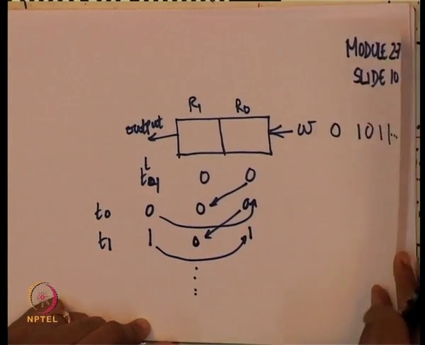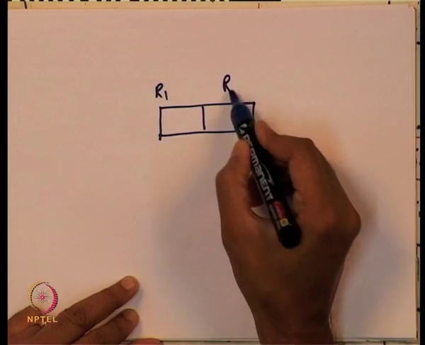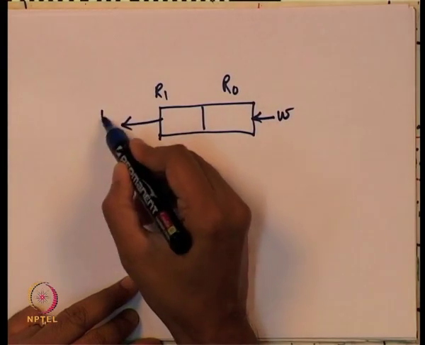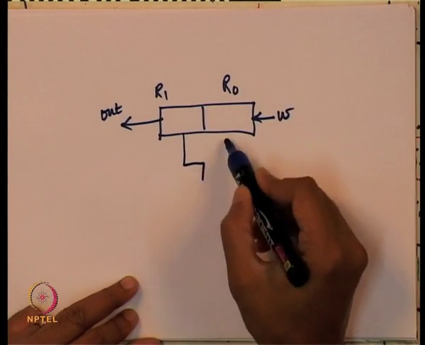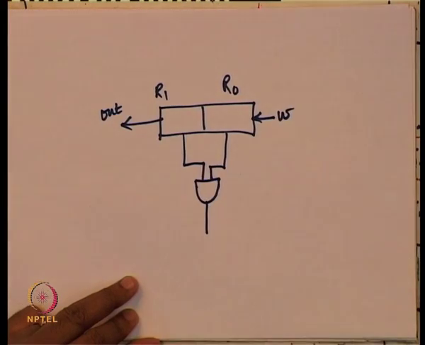Now, since I used a 2-bit shift register, let me see how to solve the problem that we have at hand. We had W as the input and there was a 1-bit output coming out. If I take these 2 bits and AND them together, what do you get?